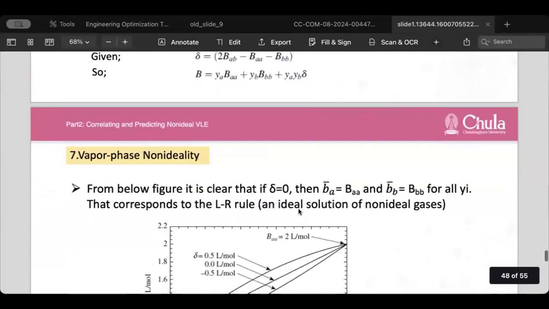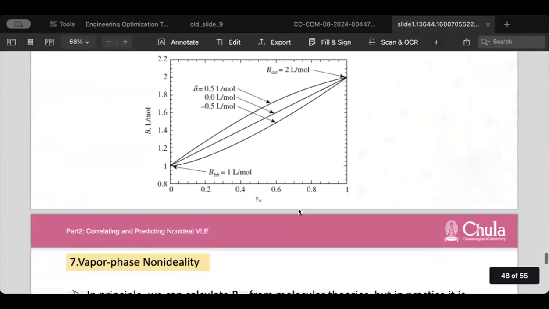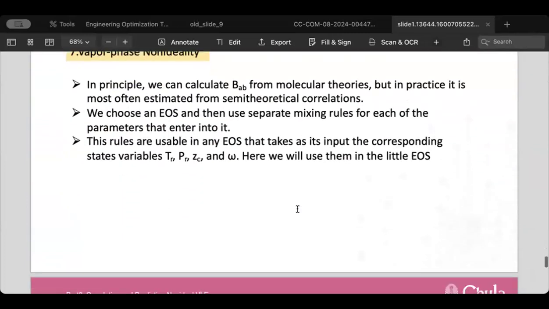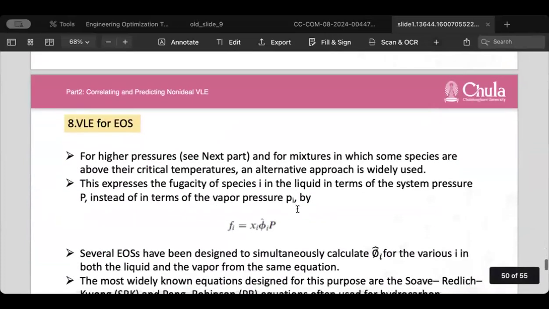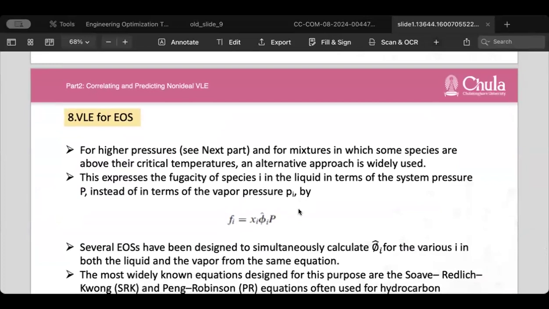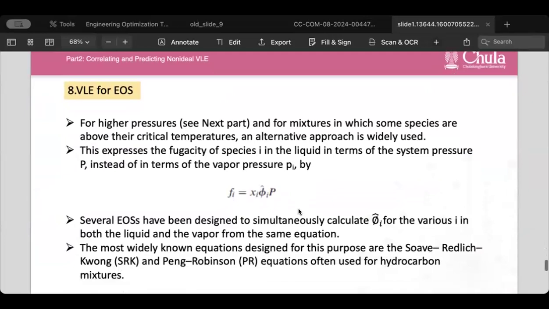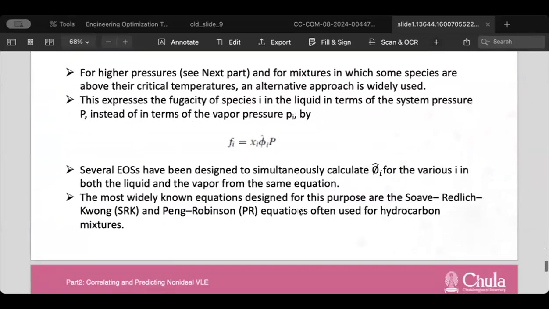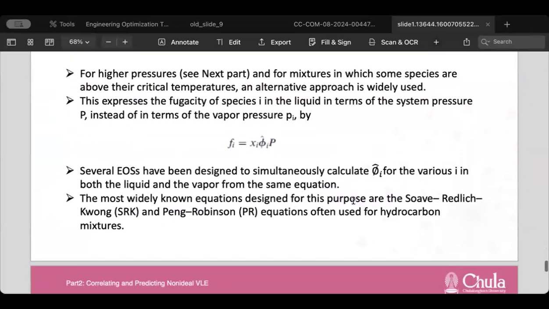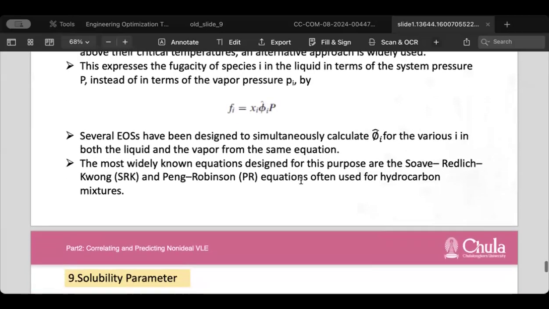Okay, all these are vapor phase non-ideality. Yeah, this is VLE for EOS. For higher pressure, you should use EOS to estimate phi hat. The most widely known equations designed for this purpose are Soave-Redlich-Kwong and Peng-Robinson. Okay, to plug this in.